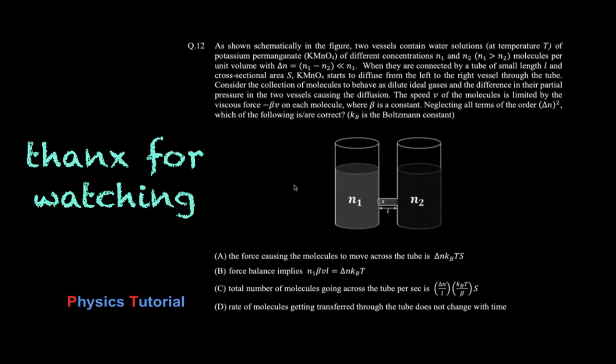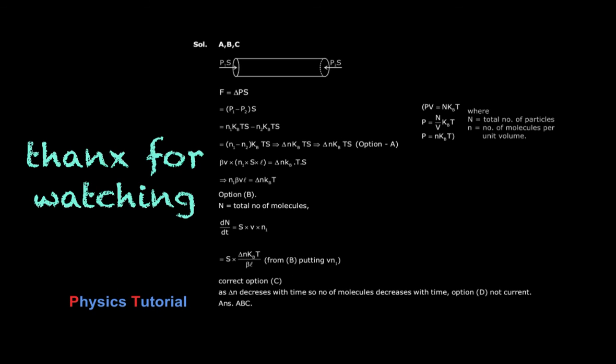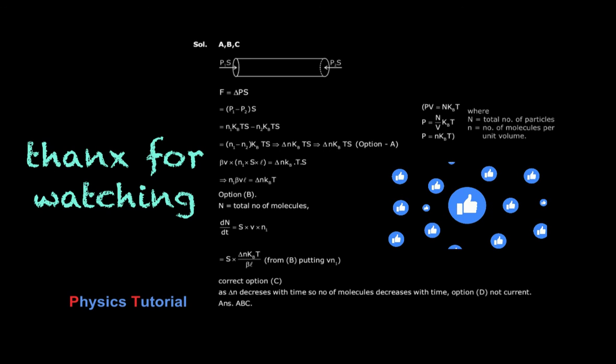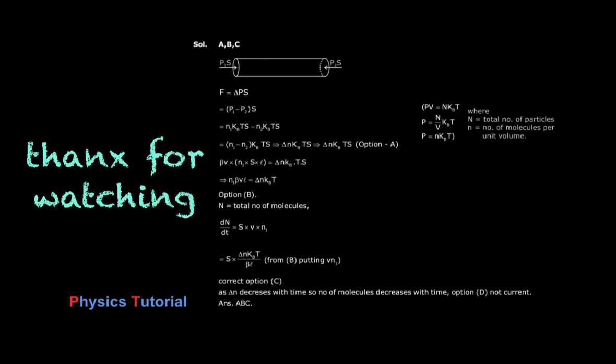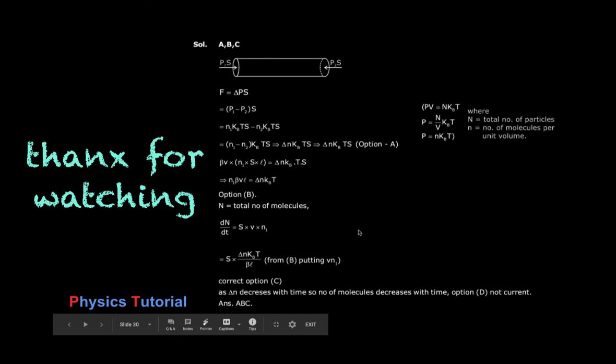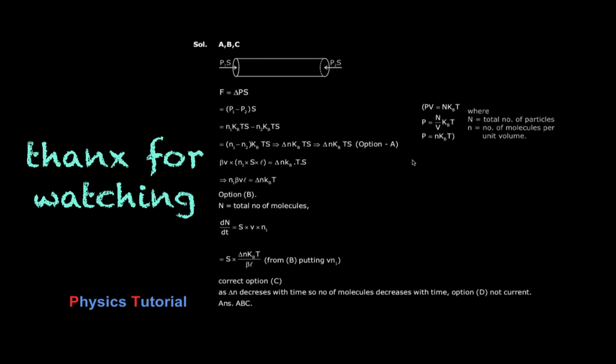So in option B, the force balance is N1 beta VL and delta N KBT, and this is also correct. And for the C option, that is S into dN by dt, that is SV N1, and substituting these values, from B option you will get beta into L. So C option is also correct.